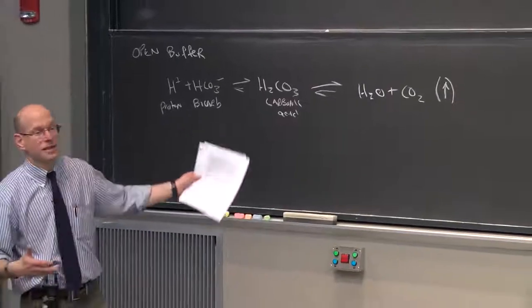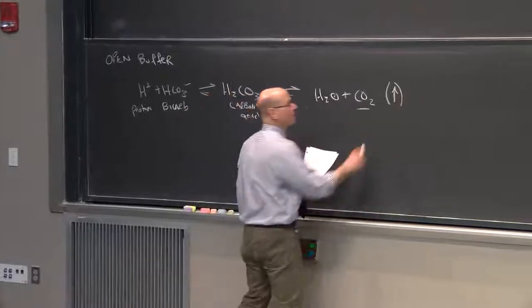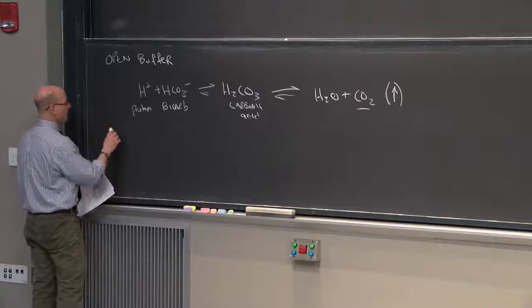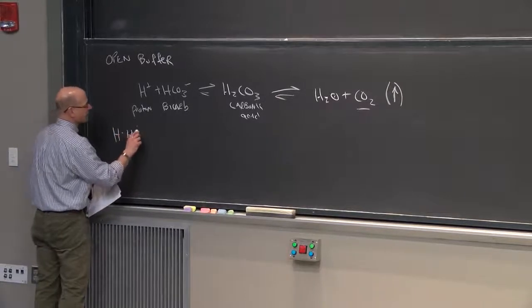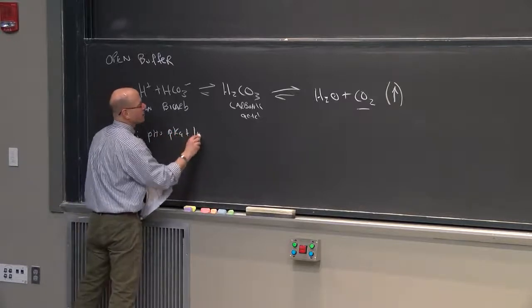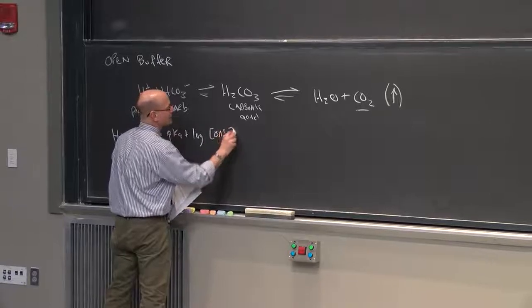But the interesting thing is it's an open buffer system because you can adjust this buffer system by adjusting the concentration of CO2. Now you remember from the Henderson-Hasselbalch equation that the pH is just equal to the pKa plus the logarithm of the base over the acid.